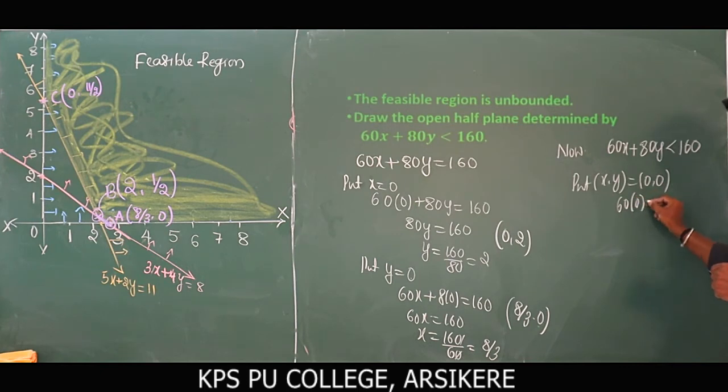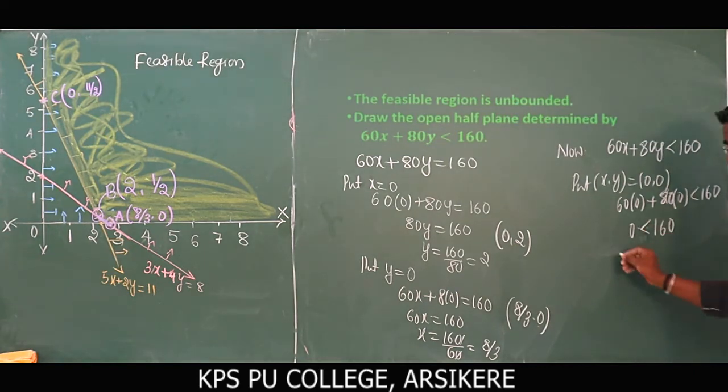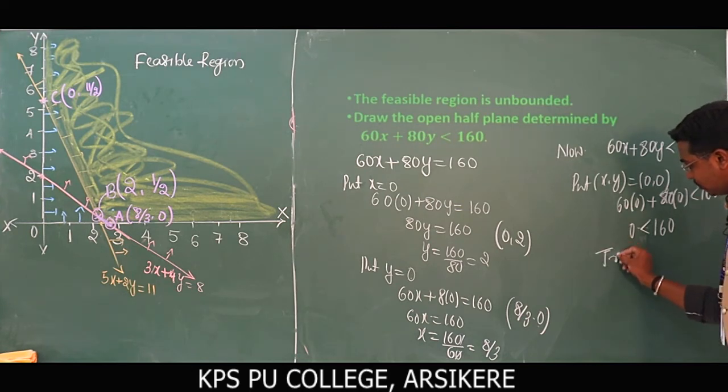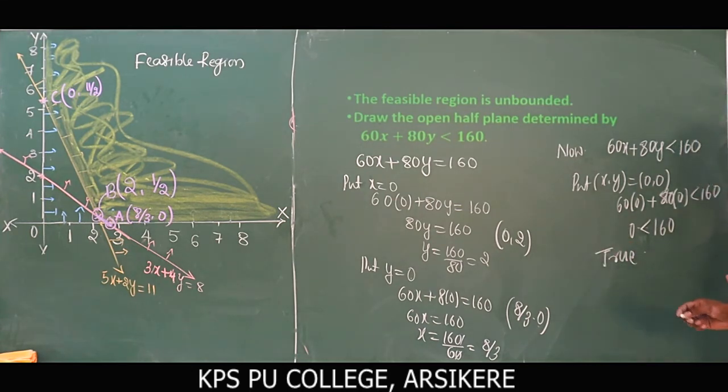60 into 0 plus 80 into 0 is less than 160. Again 60 into 0 is 0, plus 80 into 0 is 0. 0 plus 0 we are left with 0, less than 160. So this inequality is true because 0 is always less than 160, right? So it is true.